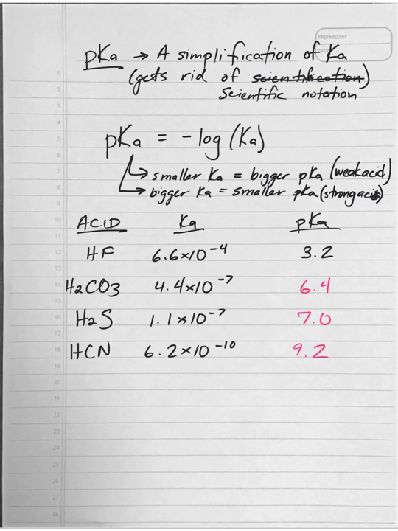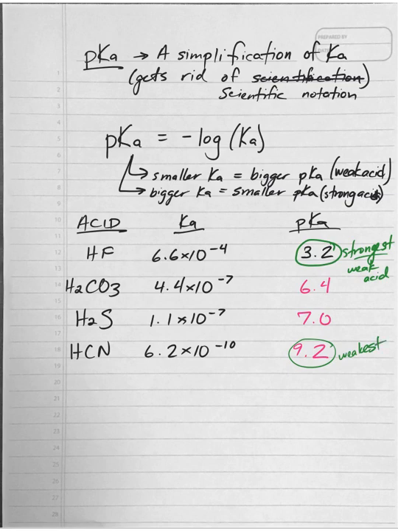So which one of these should be the strongest acid? Right, HF with the lowest pKa is the strongest weak acid, right? These are all weak acids, but this is the strongest of the weak acids. HCN, with the highest pKa, would then be the weakest.